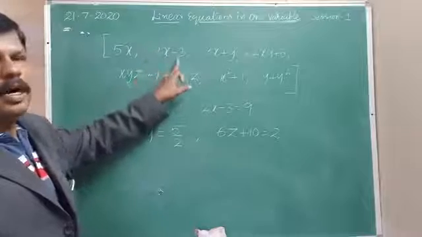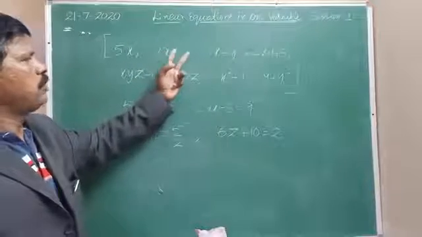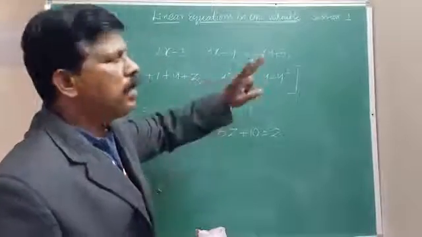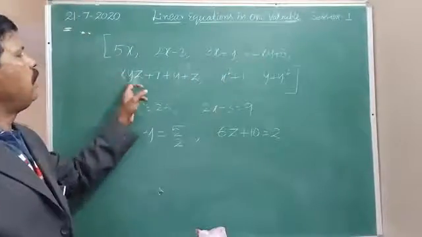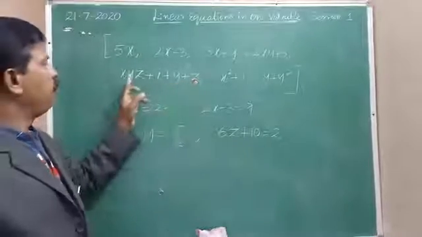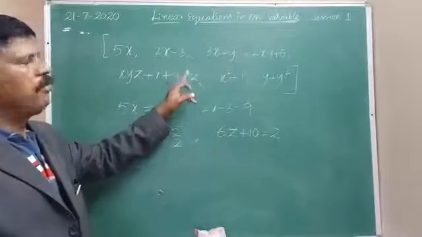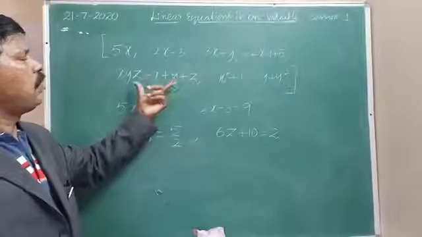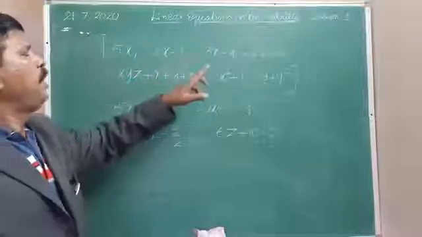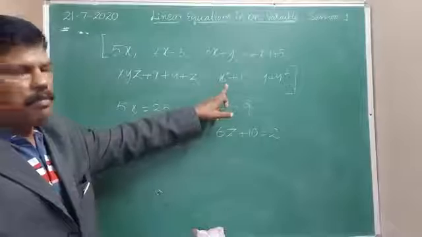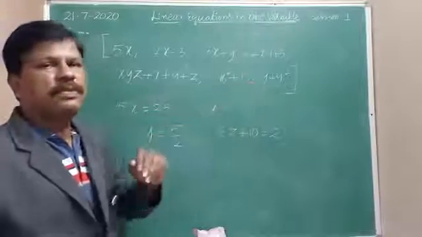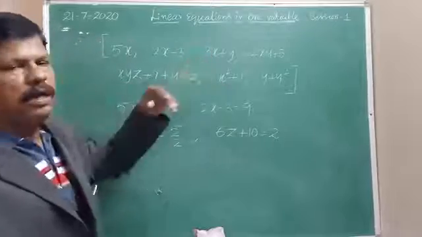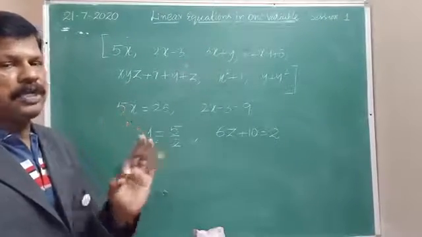And this is a binomial with two terms. Here also binomial, two terms. Here is a binomial, two terms. And here more than three terms: 1, 2, 3, 4. More than two or three terms, it is called a polynomial. And here x square plus 1, binomial, y plus y square, binomial. Okay, so all these things are algebraic expressions only.